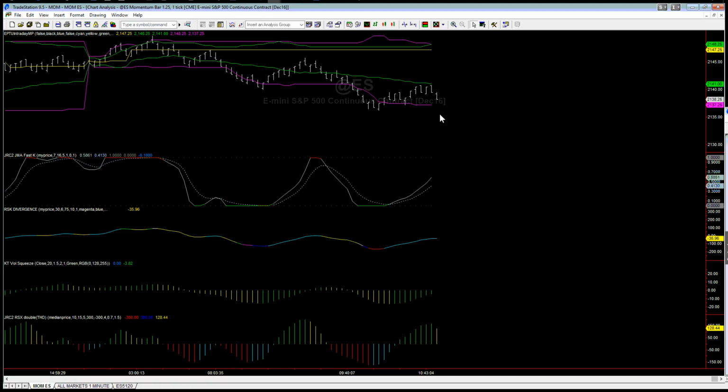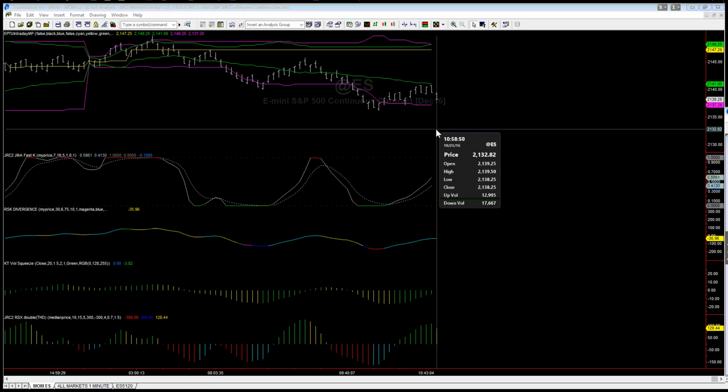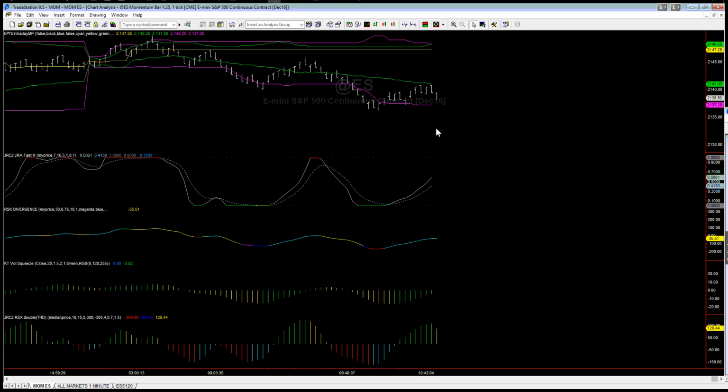why this is all shifted and we're moving down again. And with the exception of the RSX, really on this last bar, which is way off the high there, there's nothing there that's suggesting that this is moving down.